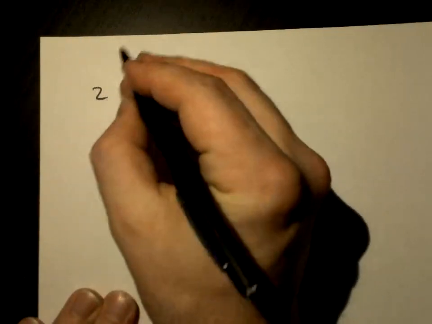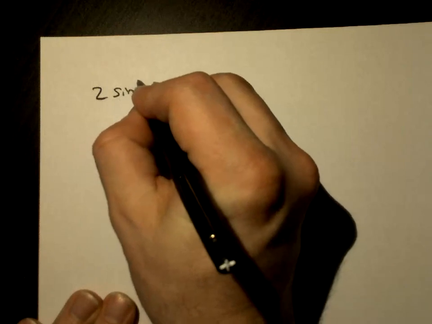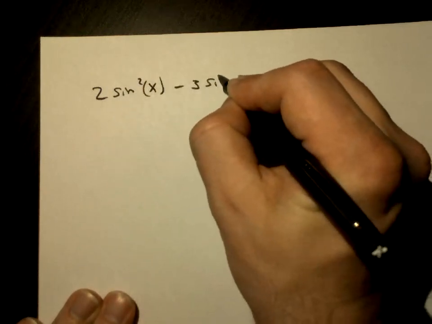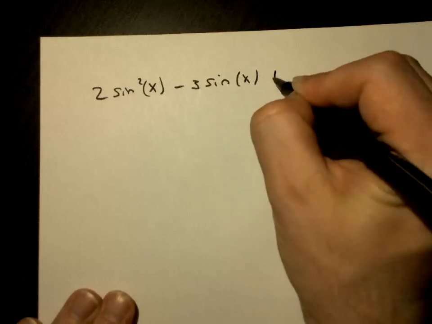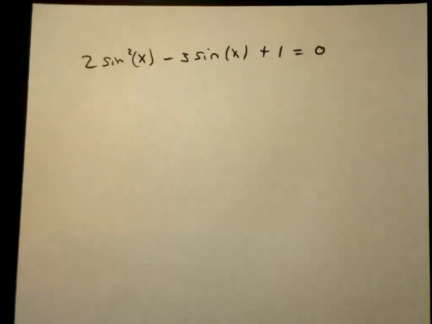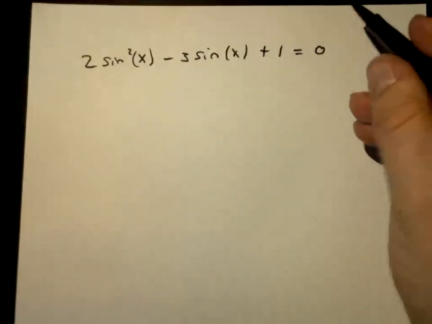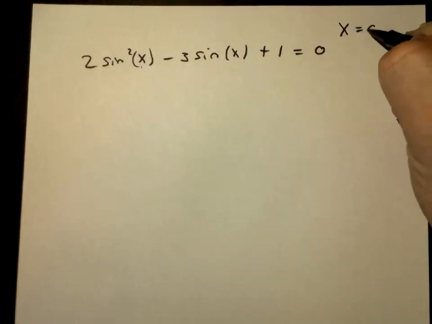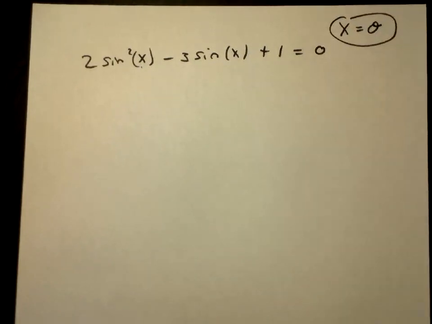So let's go 2 sine squared x minus 3 sine x plus 1 equals to 0. So this is kind of another identity that we want to solve for. So this time, I put x instead. So remember, x is really just theta. It's just another way of saying theta.